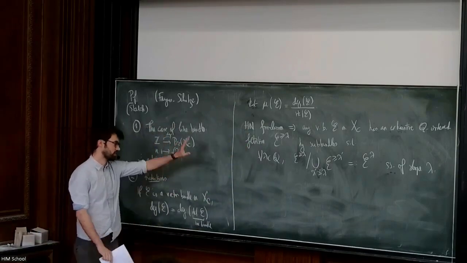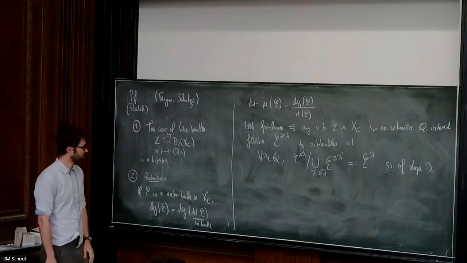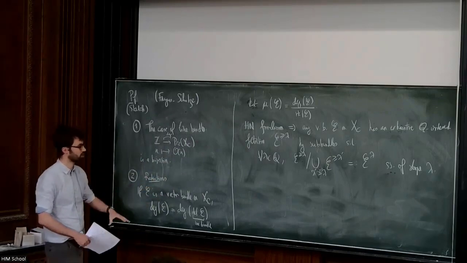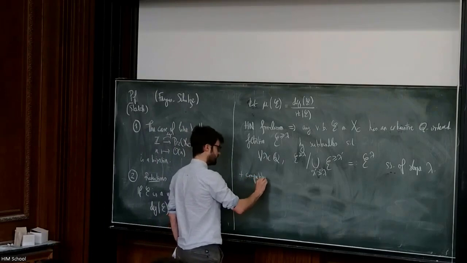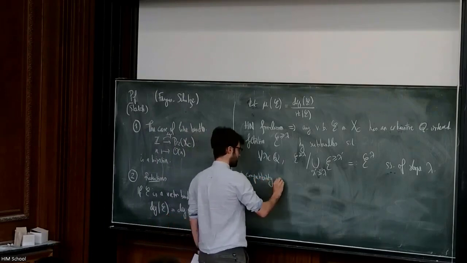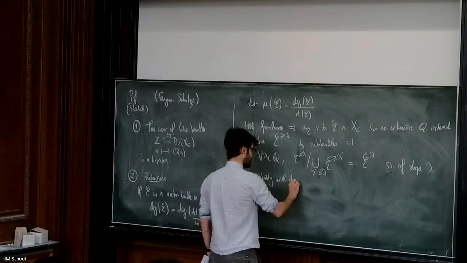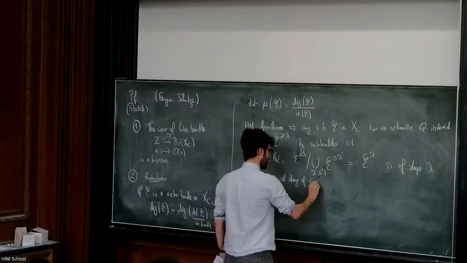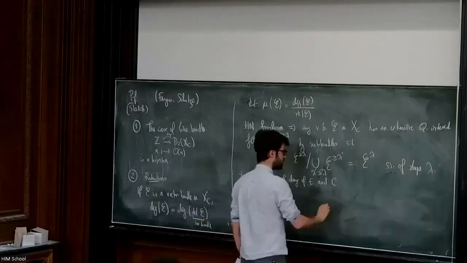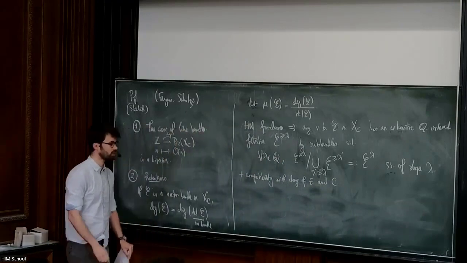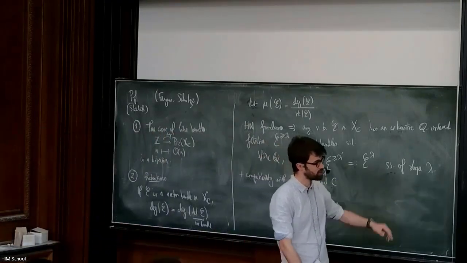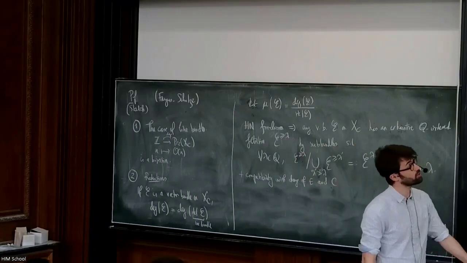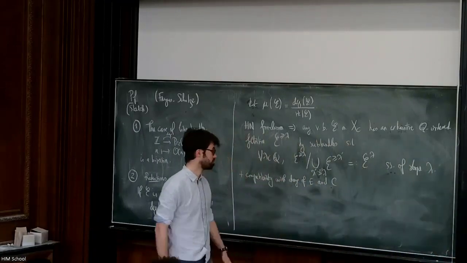And one checks that this Harder-Narasimhan filtration is somehow compatible with change of the base field E and change of C in some appropriate sense. Well, changing C means just like I could replace C by a bigger perfectoid algebraically closed extension.